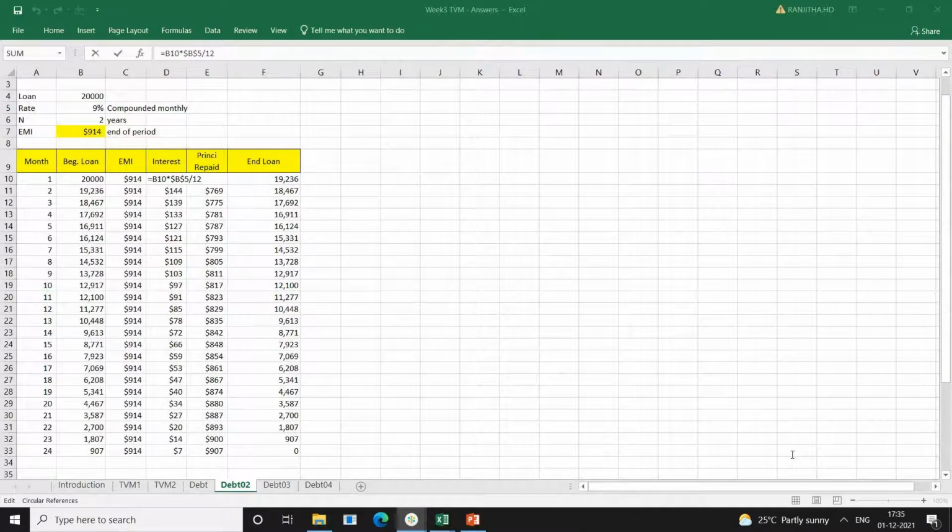So now you find out the details of the end loan. If I do my last cell, my end of the loan should be 0. In the 24th month, the end of the loan should be 0.